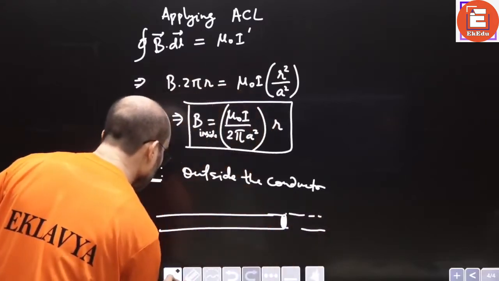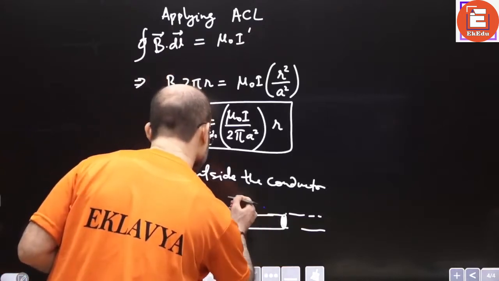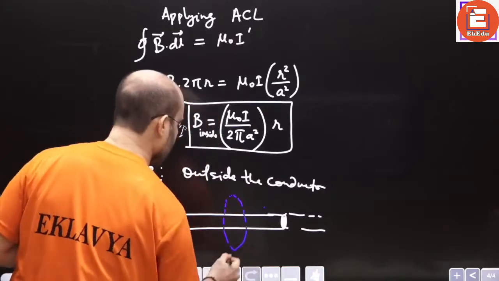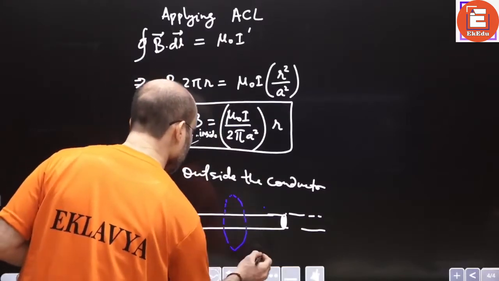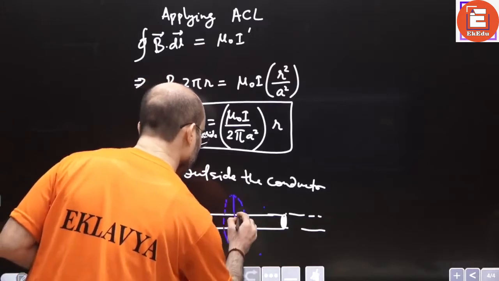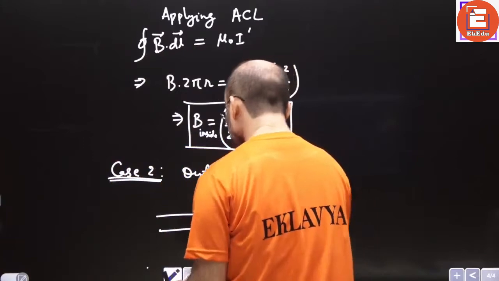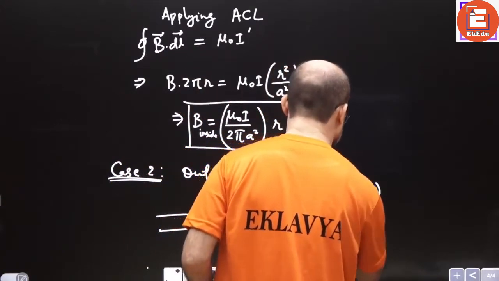We have taken the loop to be this loop, of radius r again. So here in this we will say r is greater than a.